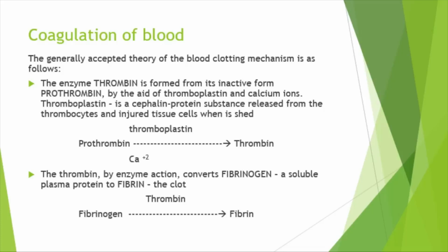So now let's go to the coagulation of blood. The generally accepted theory of blood clotting mechanism is as follows. The enzyme thrombin is formed from its inactive form, which is your prothrombin. You need thromboplastin and calcium ions to activate prothrombin into its active form, which is your thrombin.